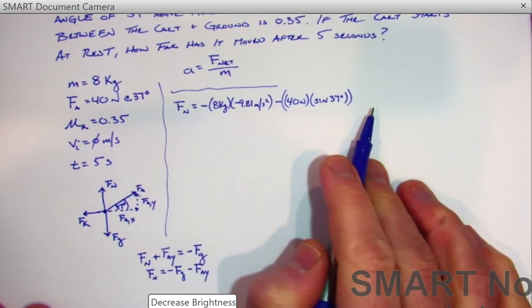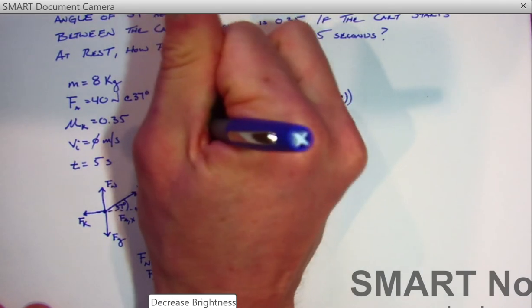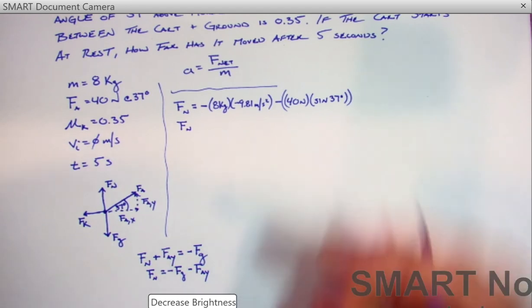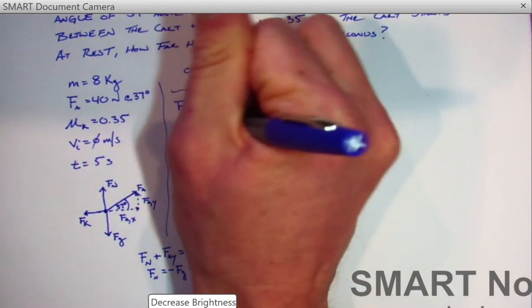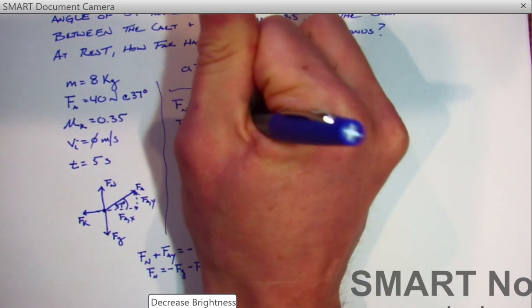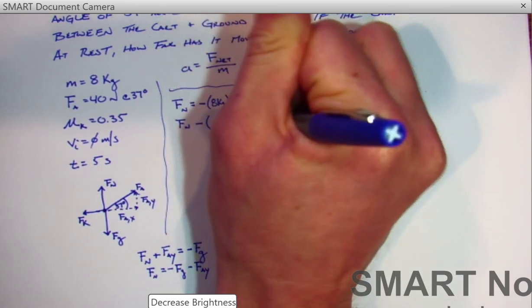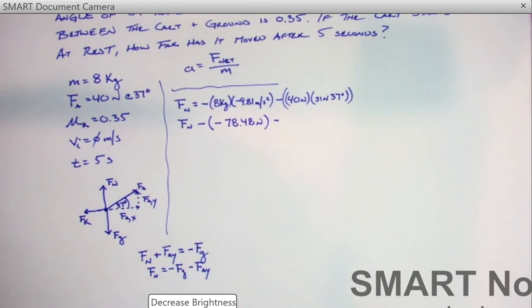So that's how I solve for normal force. 8 times negative 9.81 is the opposite of negative 78.48 newtons, minus sine of 37 degrees times 40.